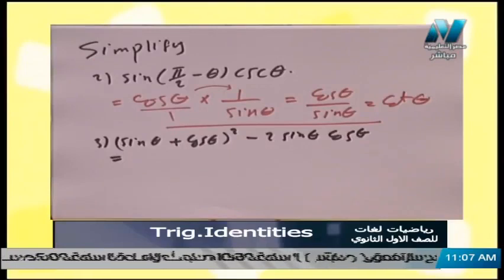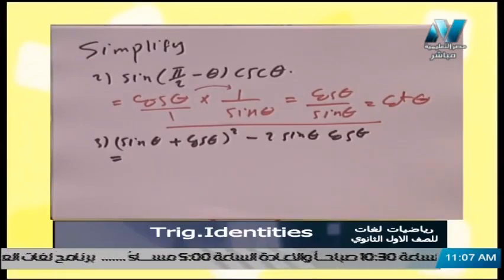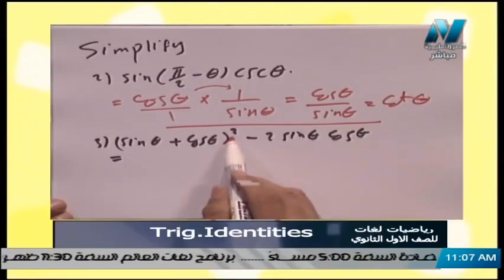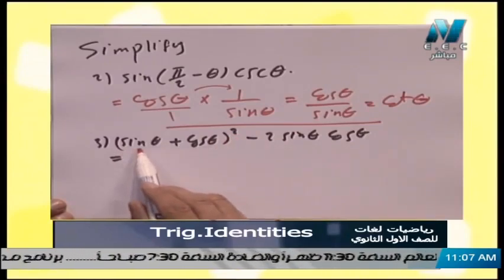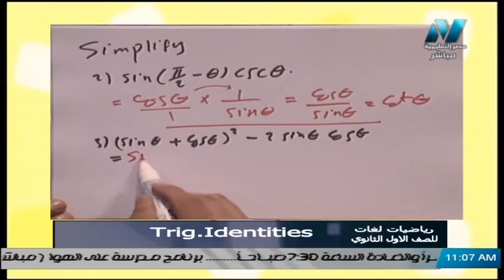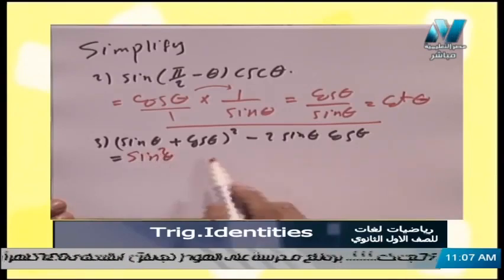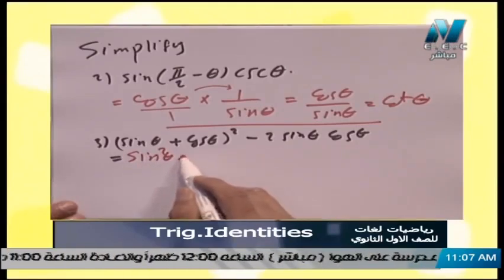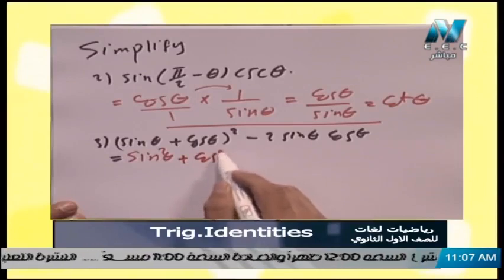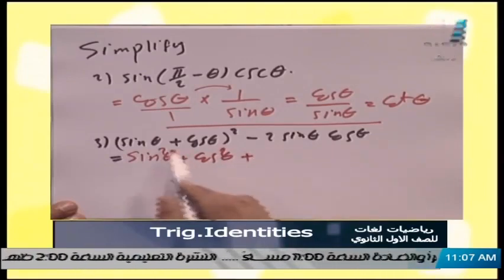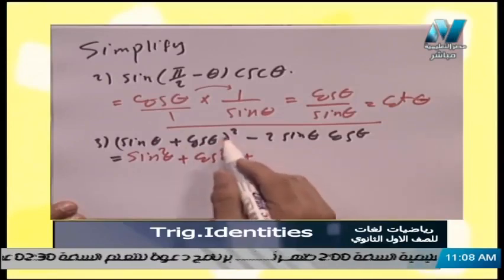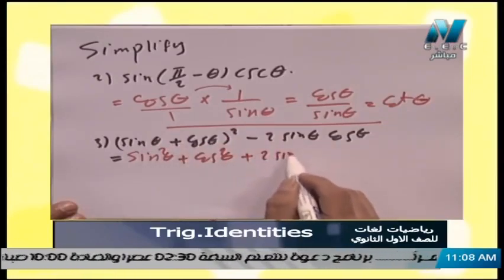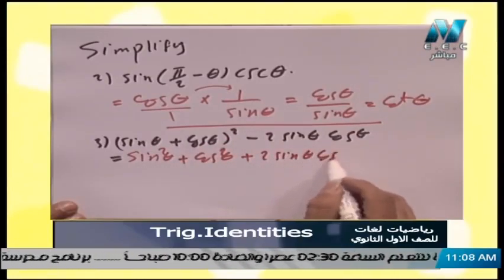To simplify this expression, we have to expand this binomial power 2. This is sine power 2 theta and cosine power 2 theta, but also 2 sine theta cosine theta.